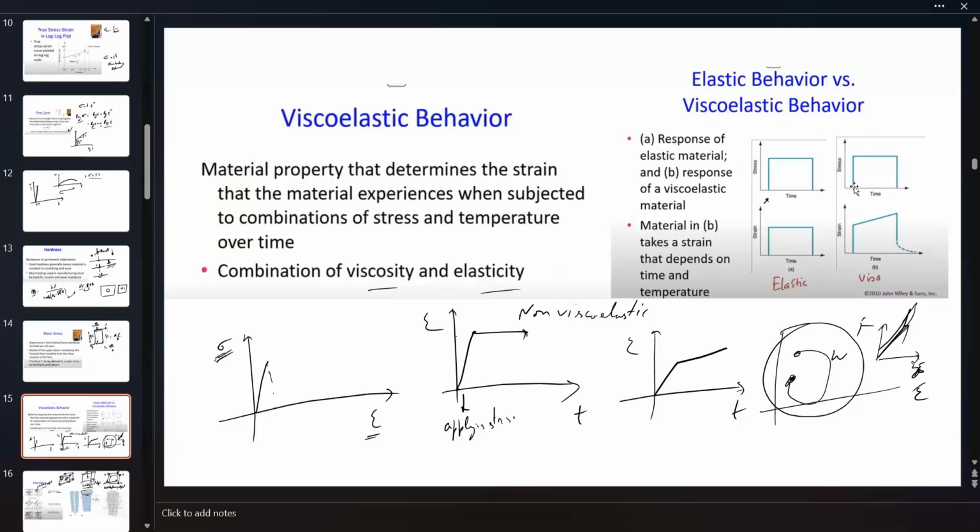However, in viscoelastic material, you apply some stress and hold that stress for some time, but the strain is increasing. So slowly the sample is elongating even though you're maintaining the same stress. So that's viscoelastic. It's a combination of viscosity and elasticity. Slowly these polymer chains are sliding on top of each other and your sample is increasing.